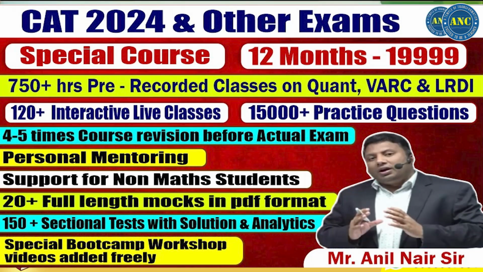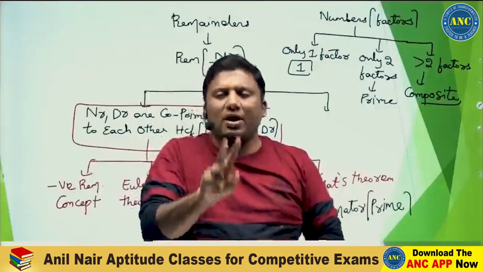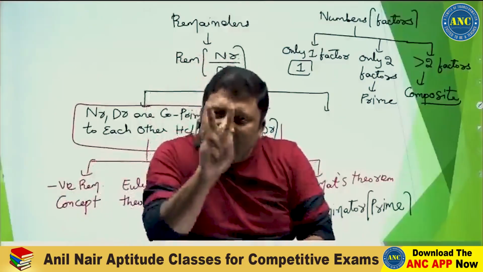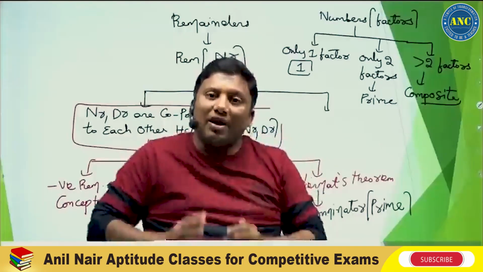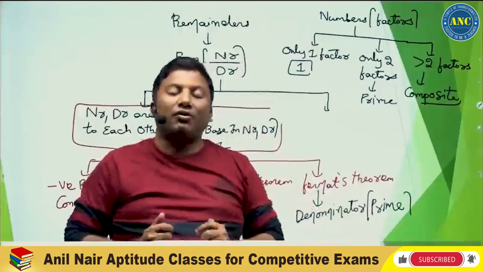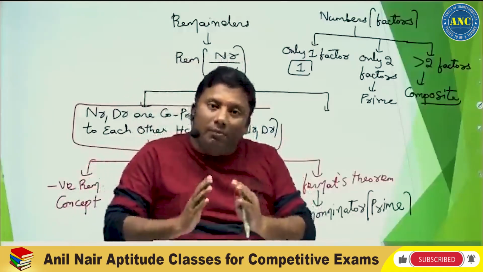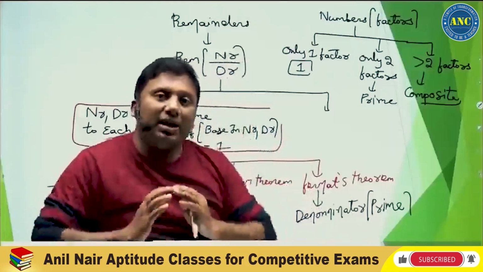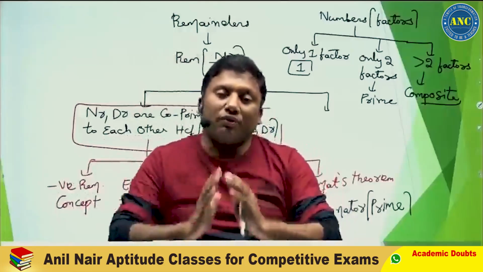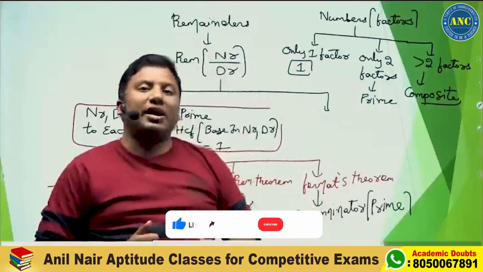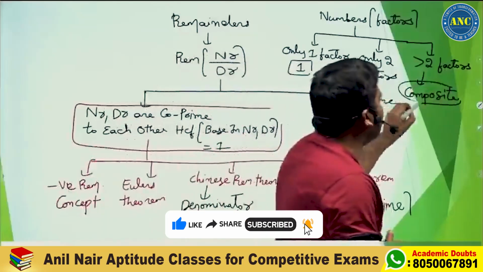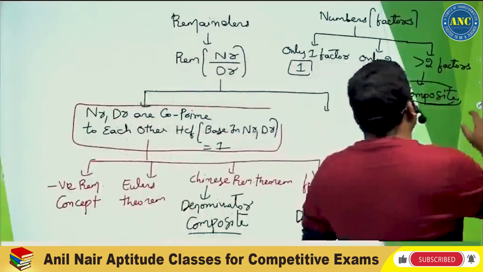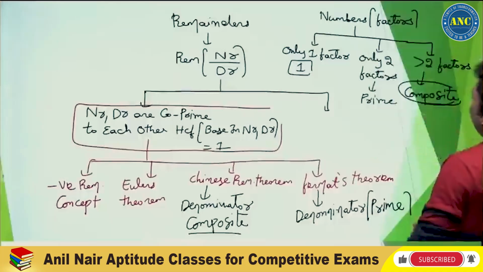Numbers which have got exactly two factors, that is 1 and itself, are called prime numbers. Numbers which have got greater than two factors are called composite numbers.